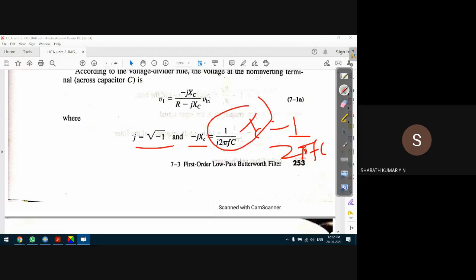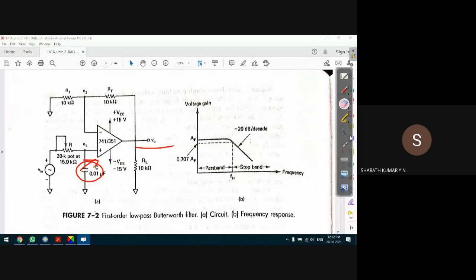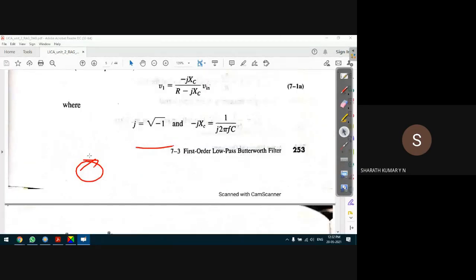So impedance depends on two factors, frequency and capacitance. But capacitance is a fixed component, not a variable one. If C were variable and increased, impedance would decrease. But in this case it is fixed, so the impedance depends only on the frequency. That is the impedance of the capacitor.